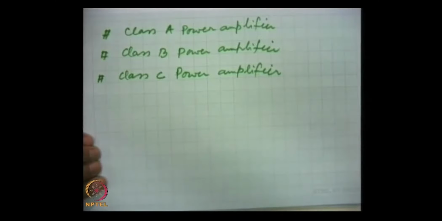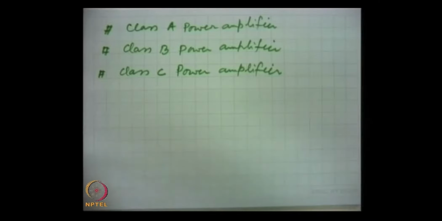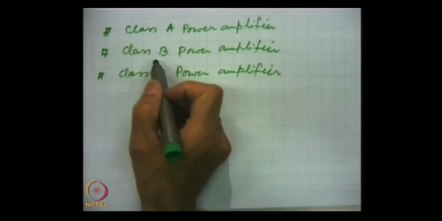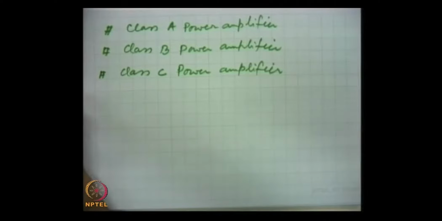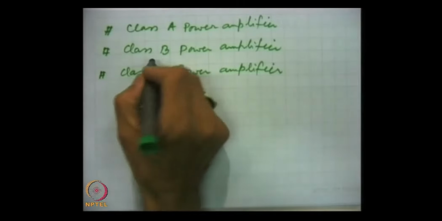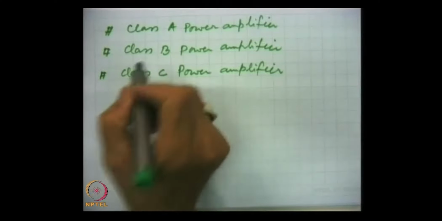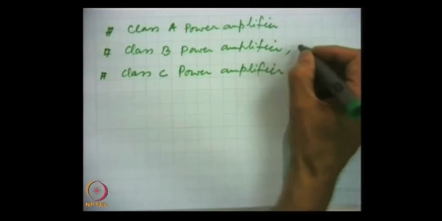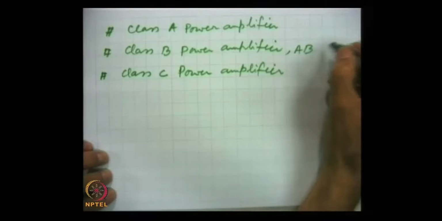In class B amplifier, when we go for details, we will see that when a transistor is operated in purely class B, there is some distortion, and the distortion can be removed by making this B operation, instead of pure B, an AB operation, AB power amplifier.